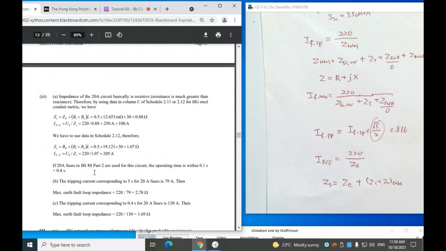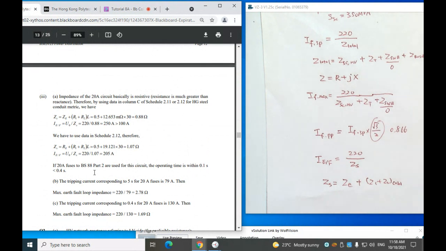As you can see here, we have the formula listed here. Z is equal to the earth fault loop impedance external to the installation plus the circuit impedance. The circuit impedance can be obtained by using the data in column C of schedules 2.11 and 2.12.